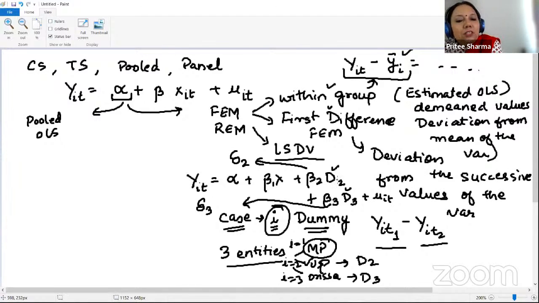Now, what does D2 represent? D2 will assume values 0 and 1. What it would mean is that in your matrix, for the entire column of D2, everywhere it will be 0 except for the case which is i equal to 2, which is Uttar Pradesh in our analysis. So there we will have it as 1.